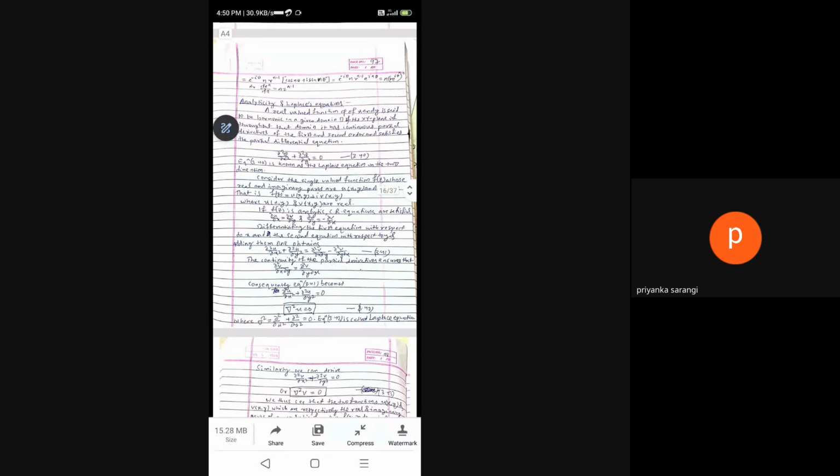So differentiating the first equation with respect to x and the second equation with respect to y and adding them, you can obtain del square u by del x square plus del square u by del y square is equal to del square v by del x del y minus del square v by del y del x.